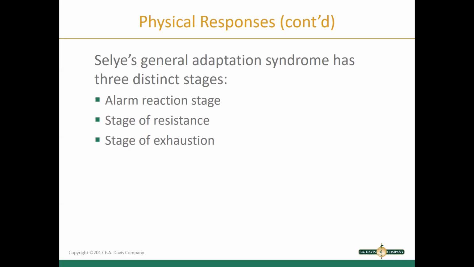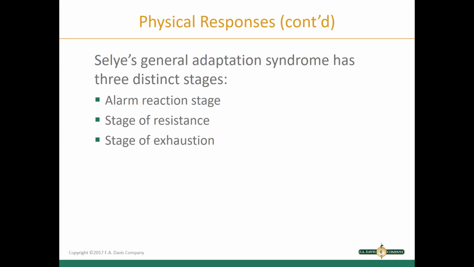Then we have our stage of resistance. Using the physiological responses of the first stage, the person attempts to adapt to that stressor. If the adaptation occurs, the third stage is prevented or delayed, and physiological symptoms may actually disappear. So this is being able to adapt, as with anxiety or regular stressors. If we go to a haunted house and we're dealt an initial scare, we're going to have our fight or flight response, right?